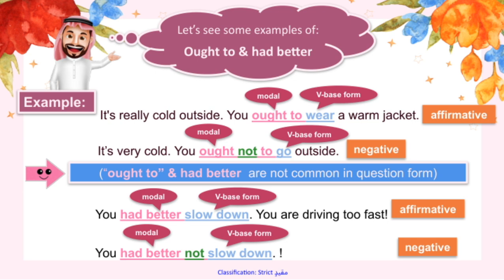So, they're mainly used for giving advice or making suggestions in statements. To sum up, remember that both ought to and had better are followed by the base form of the verb and are mostly used for advice, either positive or negative. That way, you can clearly express what is recommended or not recommended in different situations.